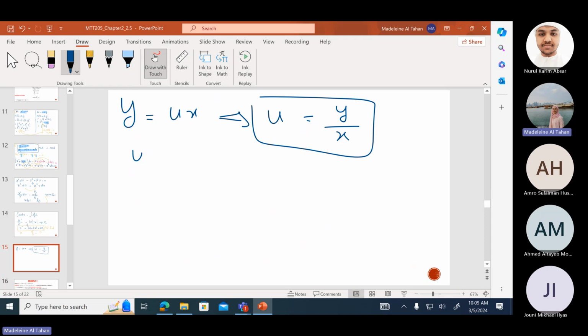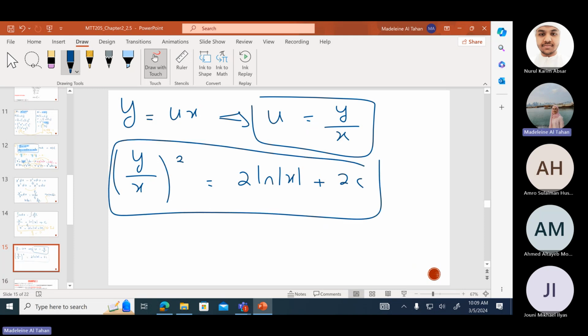What will we get? (y over x) squared equals ln|x| plus 2c. Is this implicit or explicit? The explicit solution is easy to find, but it's okay for now. We can keep it this way.